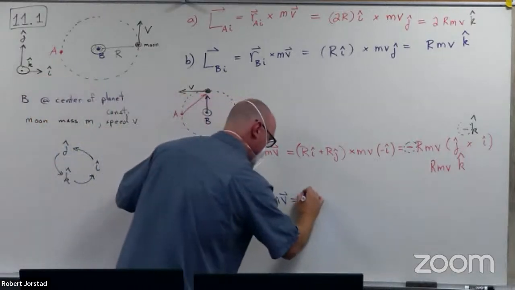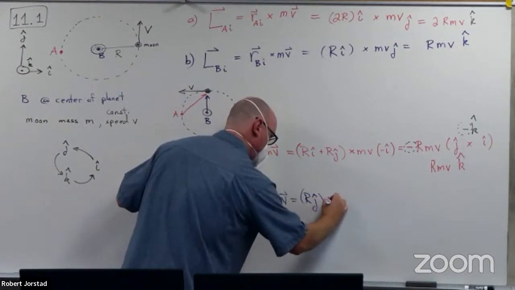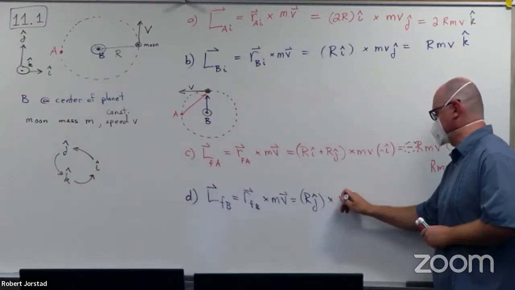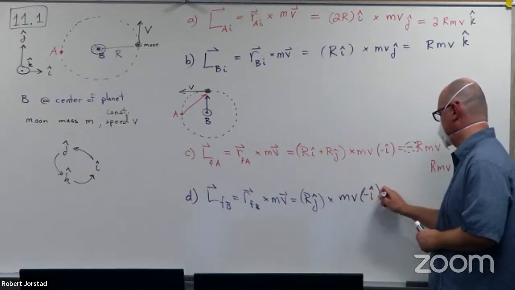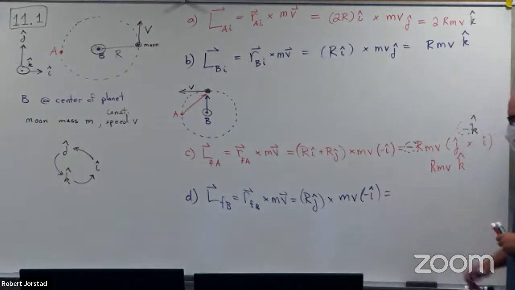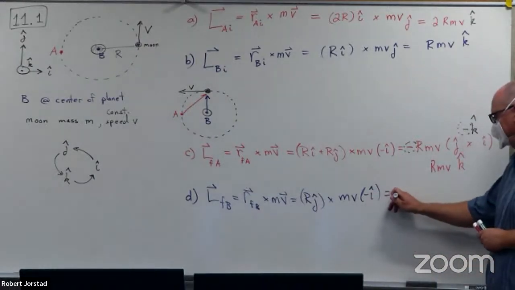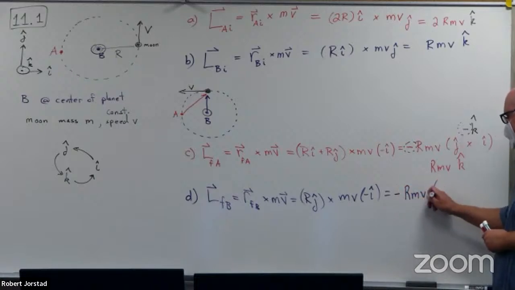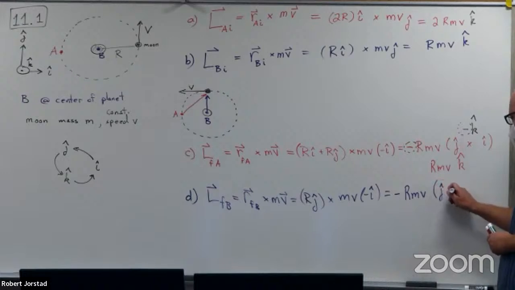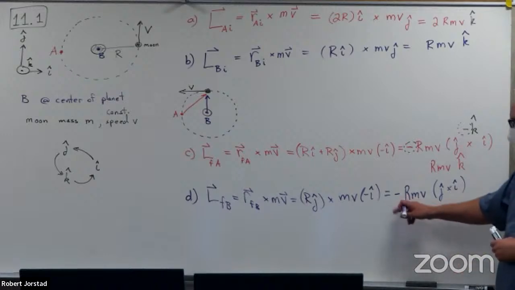R J hat crossed with MV negative I hat. What are you going to get when you do this? Negative RMV J hat cross I hat. What do you get? What's J hat cross I hat? Negative K hat. The negatives cancel.